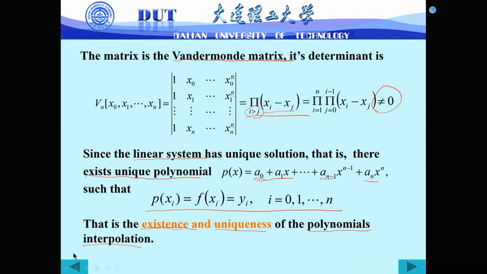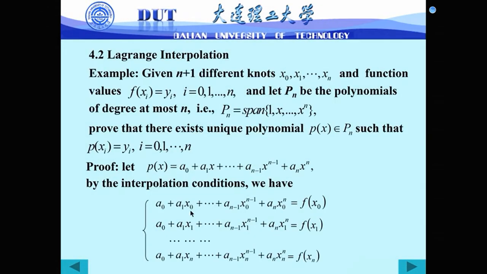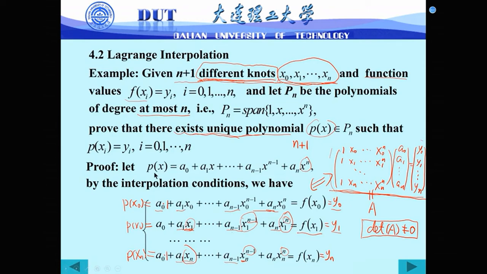Here, in order to obtain this polynomial function p(x) from these interpolation conditions, we need to solve this linear system to obtain the n+1 coefficients, right?